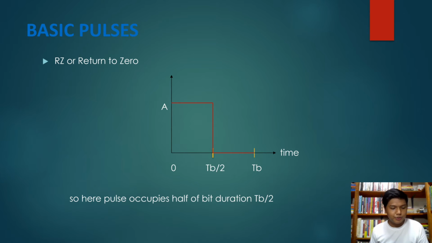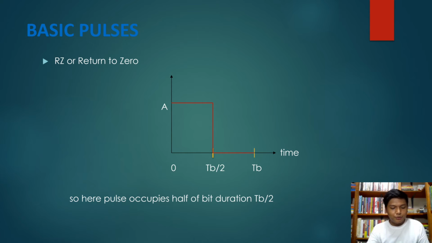So what is return to zero? In this case, you will find the bit duration TB, with TB over 2 here, and 0 here, and amplitude A at the top. After half the bit duration, the pulse will return to 0.